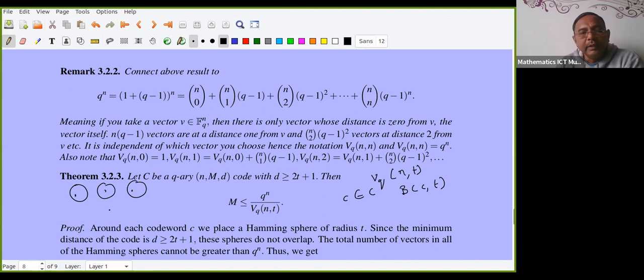I'm taking radius t, so they will not overlap, because the distance is greater than or equal to 2t plus 1. So around each codeword I'm putting one ball and collecting the volumes. So the total volume is how much now? If you collect all of them, that is M times V_q(n,t). Very simple, not much complicated. Now, then it is less than or equal to what?